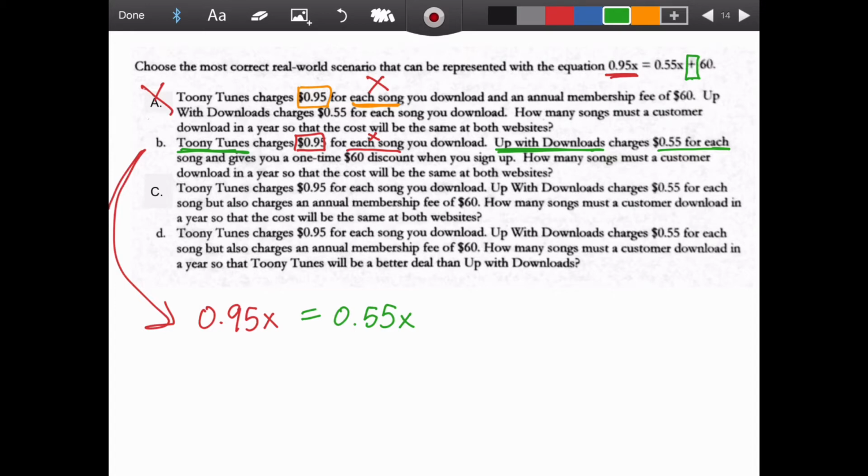Discount. What does discount mean? Let's think about this for a second. If we're buying something at a discount, that means it's going to be cheaper, or we're subtracting it from the original price. Then this would indicate minus 60.